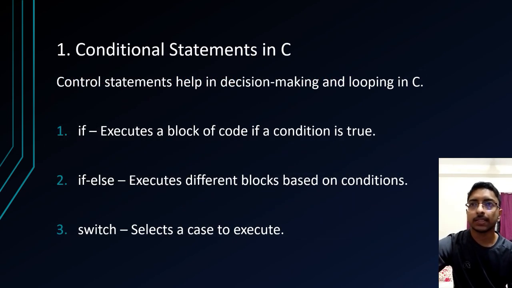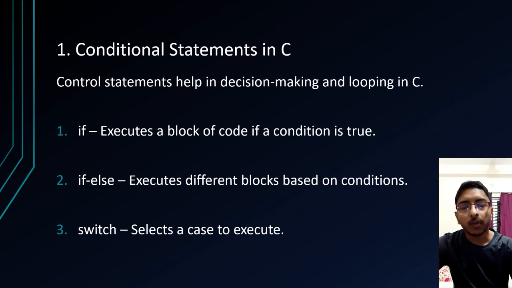Conditional statements in C. We can control our program with control statements, and we can make a decision like 1. If, it executes a block of code if a condition is true. Number 2.